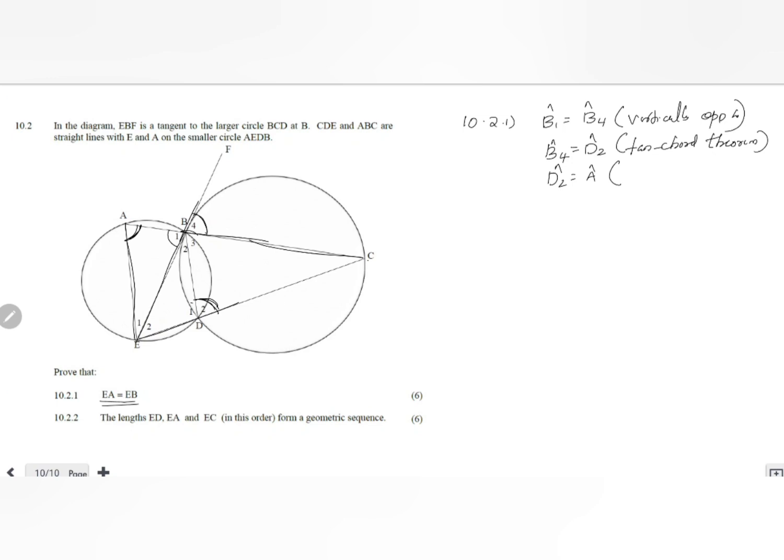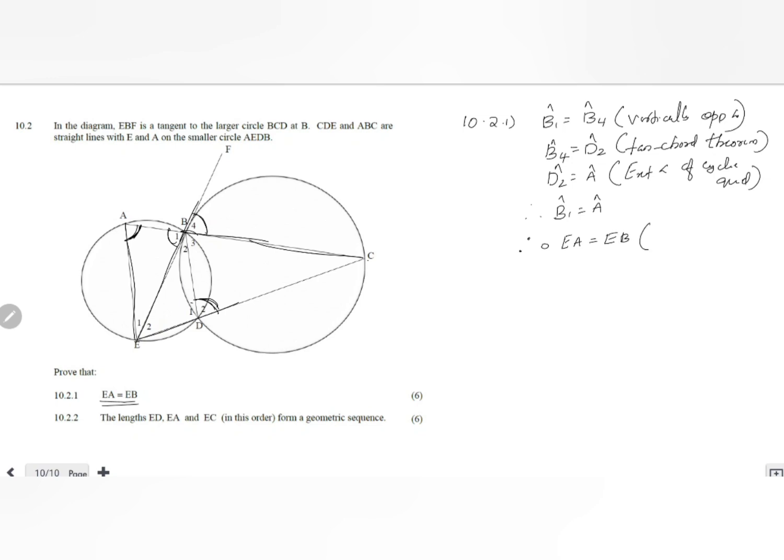So we are done. What is the reason? Exterior angle of a cyclic quadrilateral. Clear? Therefore, we can say B1 is equal to angle A. So these two angles are equal. Therefore, we can say the side EA is equal to EB.